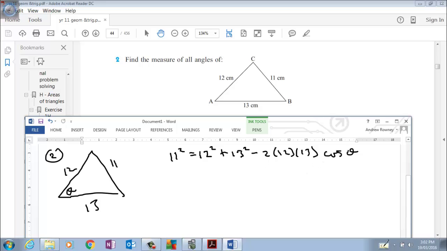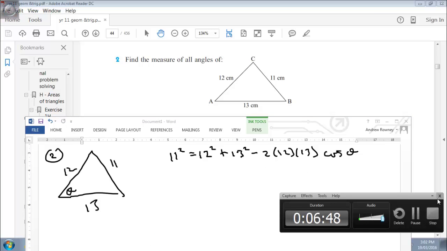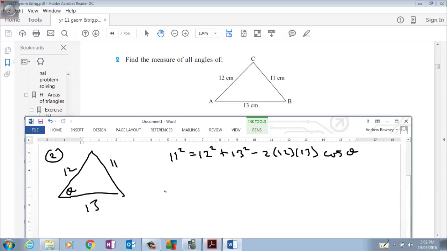We have to now rearrange this to get theta. So we can do it all in one hit, or some people actually work out all these individually, but the problem with that, sometimes you have decimals, so I'll do it all in one hit.